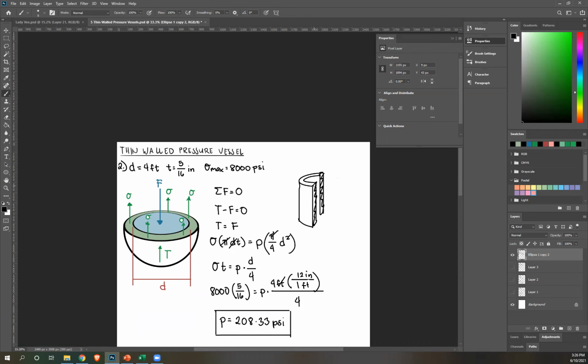Okay, so for tangential, this is where the stress is being experienced. And the longitudinal, okay, so we again get a cylinder. I'm gonna cut it in half. This is that area. Okay? So this is tangential, this is longitudinal.